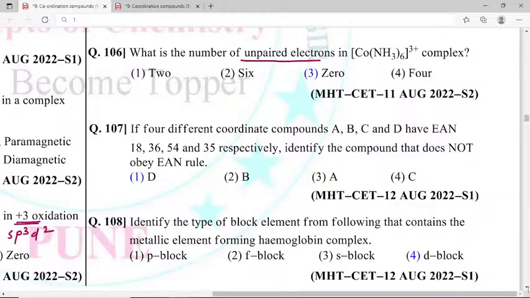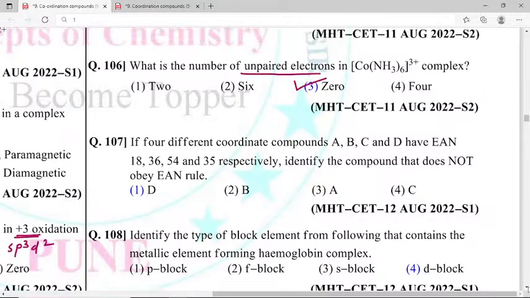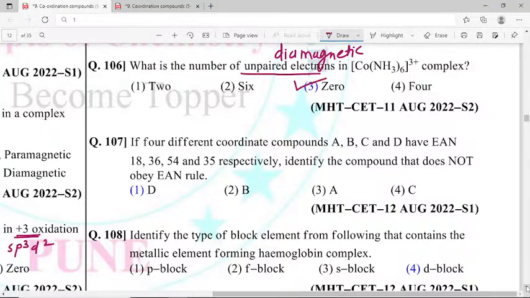It is strong field ligand, so unpaired electron 0. Strong field ligand containing unpaired electron 0, so it is diamagnetic. Diamagnetic complex because unpaired electron 0.